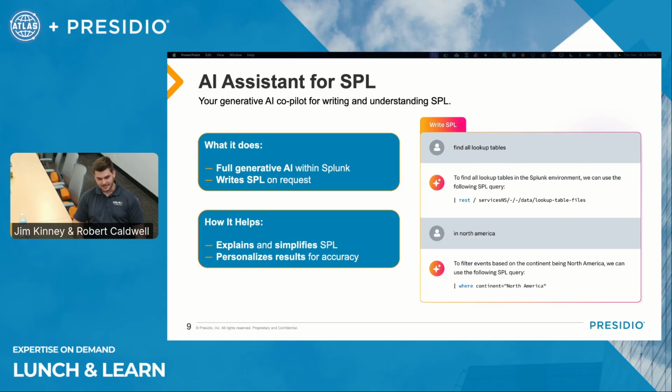You get explanations instantly in plain language if you're curious about searches you found. You can see how SPL works in your environment with your data. And you'll learn more by doing, not by getting stuck. It builds expertise faster without the frustration. And new users can accomplish advanced tasks from day one.